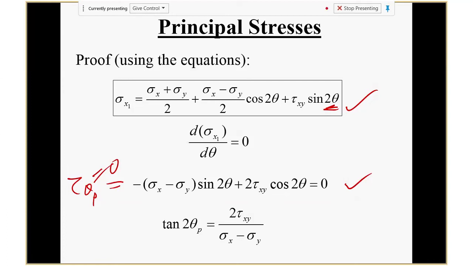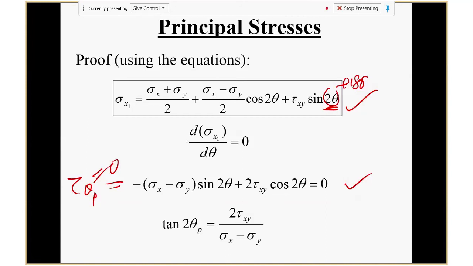So when you go from this point to the other point, you add 180 degrees for 2 theta. Now for theta, you add how much? You add 90 degrees, right? So from the CA direction to the CB direction, theta changes by 90 degrees.